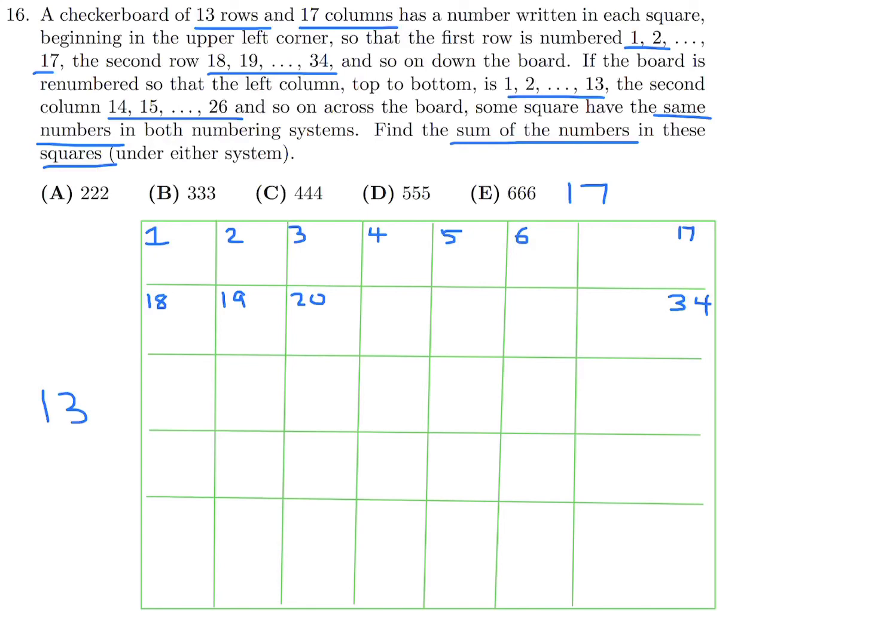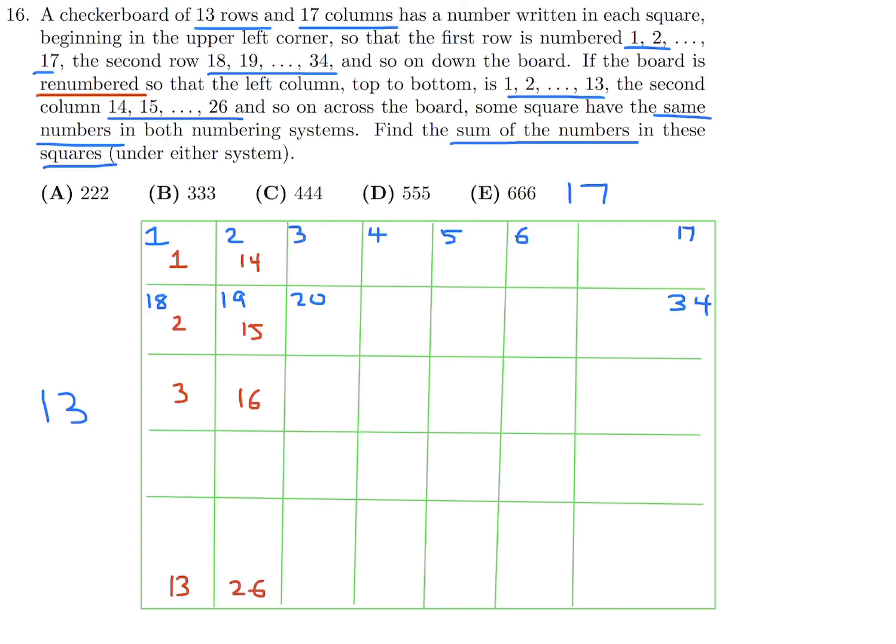The next part says that if the board is renumbered so that the left column is now, top to bottom, labeled 1, 2, 3, all the way down to 13. See what's happening here? They're just renumbering it. And similarly, the second column 14, 15, 16, all the way down to 26.